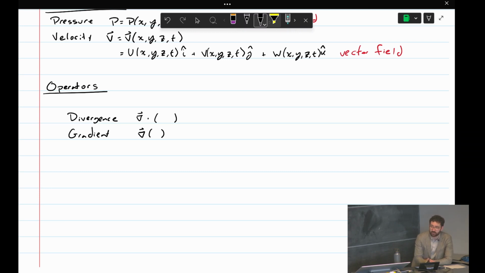Can anyone think of another operator we talked about? Material derivative, yes, that is an operator.